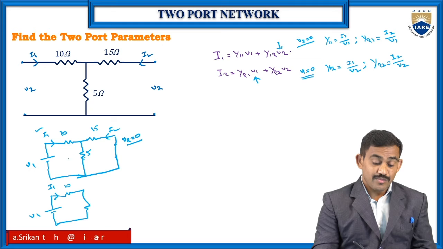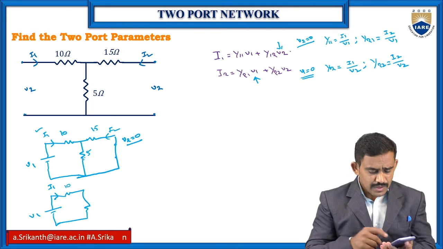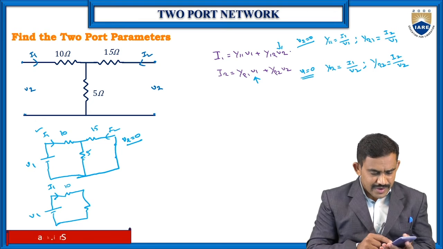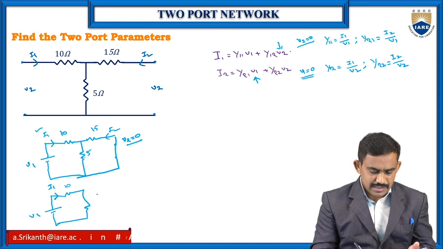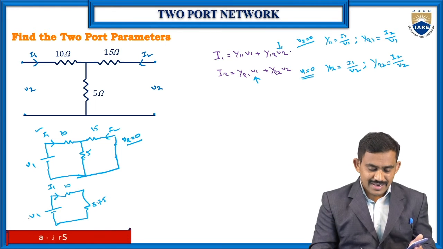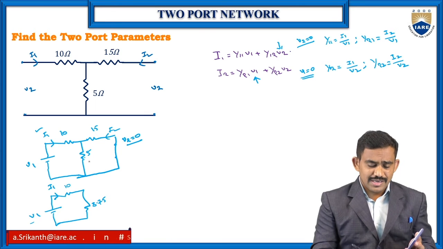What about 15 and 5? Both are in parallel, so we get 15 into 5 by 15 plus 5. The value is 3.75, that is your equivalent value of the two in parallel.